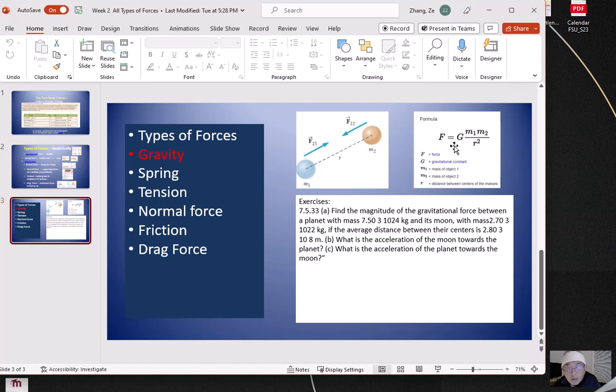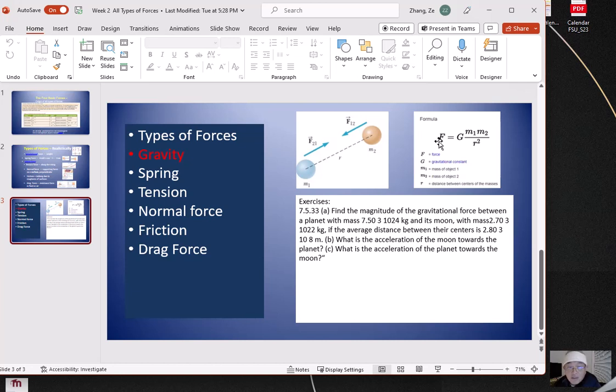It is very weak, so normally you wouldn't detect the gravity force between, say, a table and a chair, because the constant in front of this formula is so tiny that it's negligible. But if one of these objects is huge, like the Earth or the Sun, or your chair and the Earth, then this force becomes significant, at least noticeable.